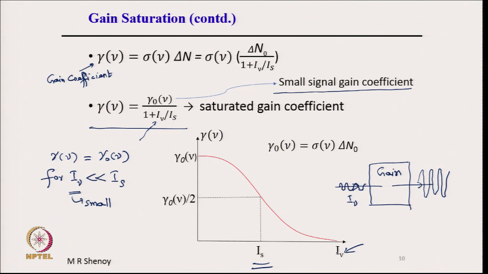And for large intensity, literally the gain coefficient comes down to 0. What does that mean? We have I nu of z at any intensity equal to I 0 at the input times e to the power of plus gamma times z. If gamma becomes 0, that means output will be equal to input.